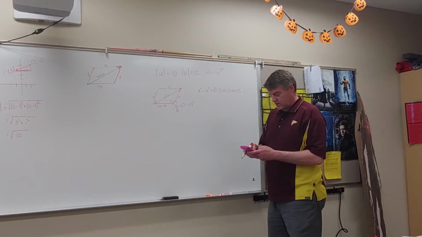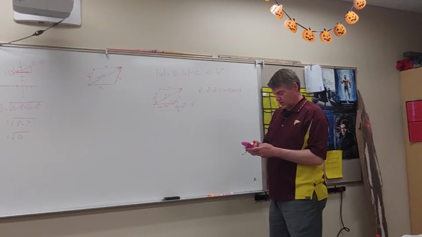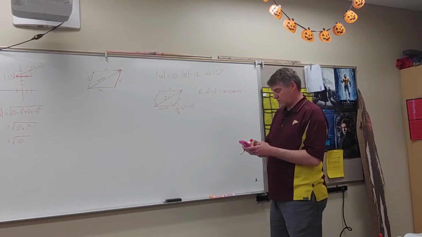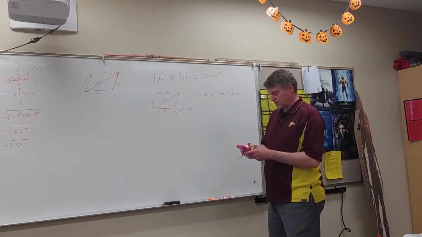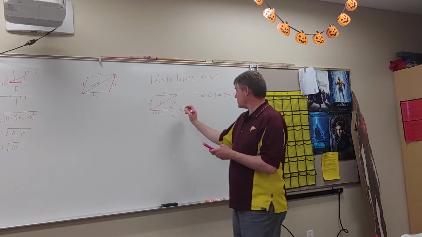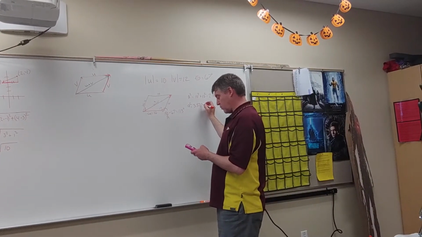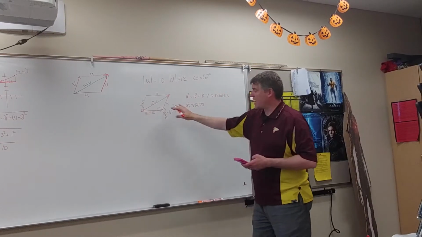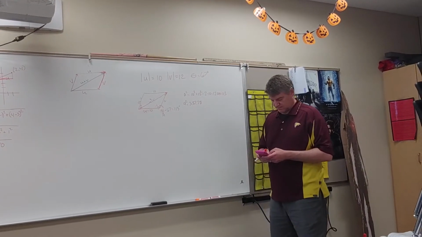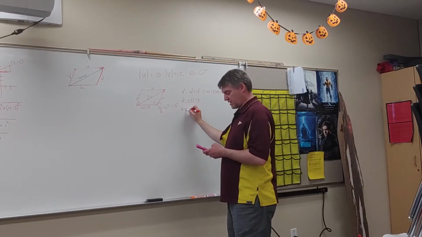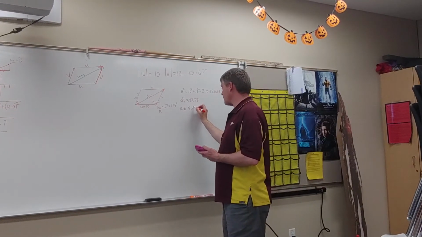And so this gives me a squared equals 337.78. And now I'm going to square root that. And so I get a is approximately equal to 18.4.